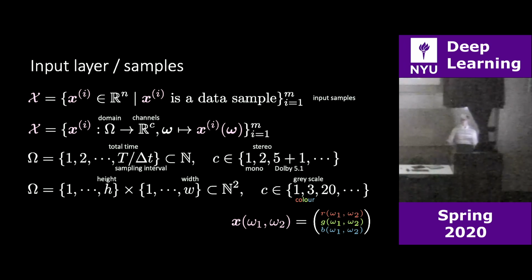So again, you can think about this as a big data point, or you can think about this as a function mapping a low-dimensional domain, a 2-dimensional domain, to a 3-dimensional domain, right?